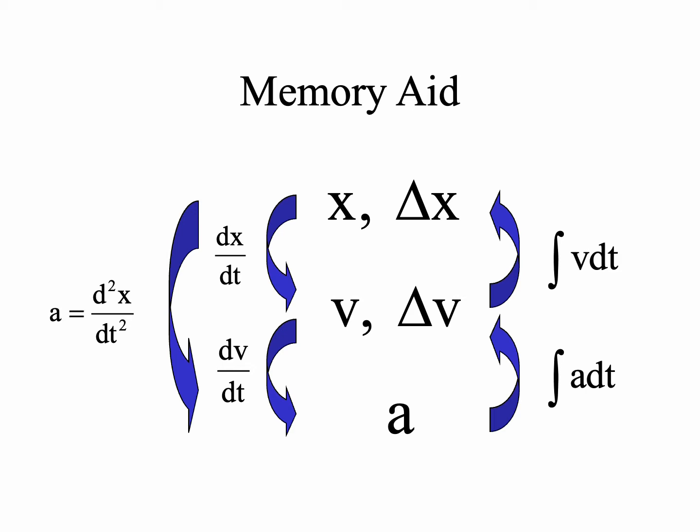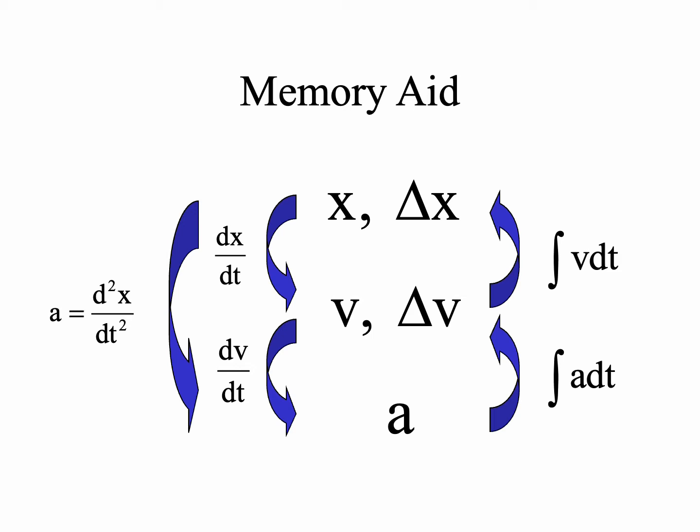But as you see on the left, as you move from position to velocity, what's involved, that's instantaneous velocity, is simply taking the first derivative with respect to time. Similarly, when you start with velocity and move towards acceleration, you take the first derivative of instantaneous velocity with respect to time, and that gives you acceleration.